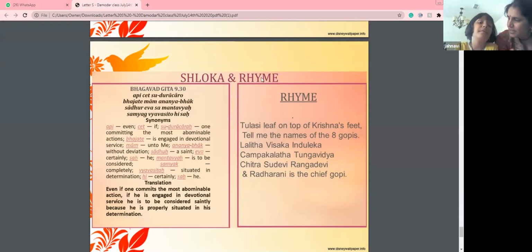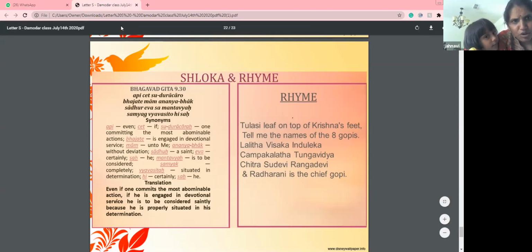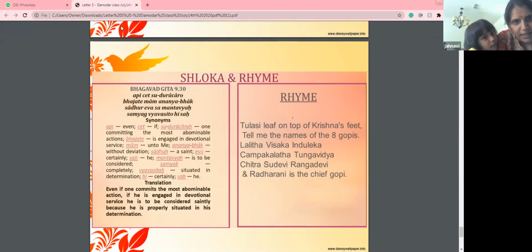Our real mother, Guru's wife, Brahmana's wife, king's wife, cow, nurse, earth. Radhika, you want to tell me? Anybody want to tell me? Raise your hand. Sloka, rhyme, and 7 mothers.